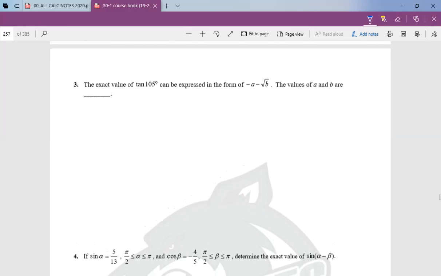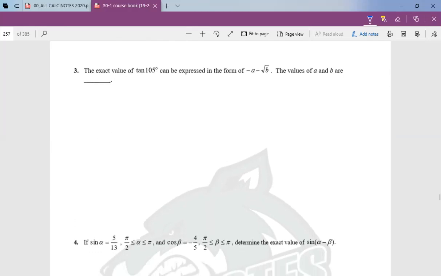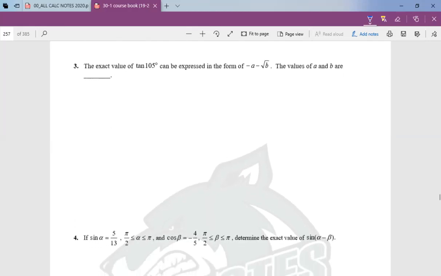Number 3, the exact value of tan 105 can be expressed in the form of negative A minus root B, and we're finding our values of A and B. So tan 105 degrees. Let's call this 60 plus 45.